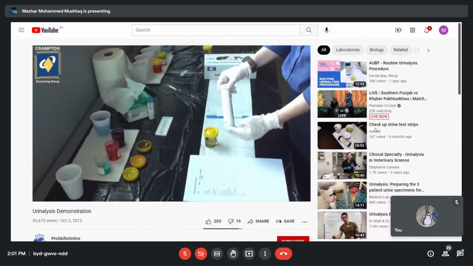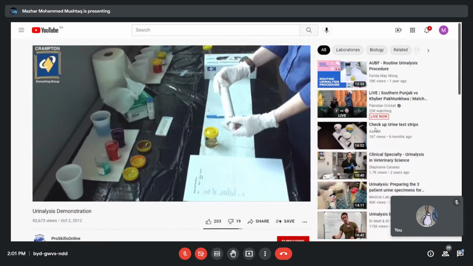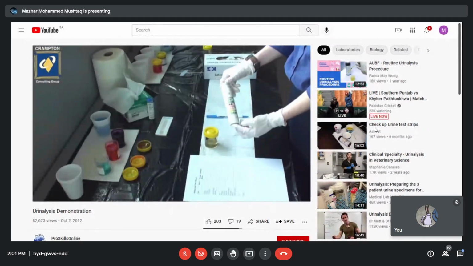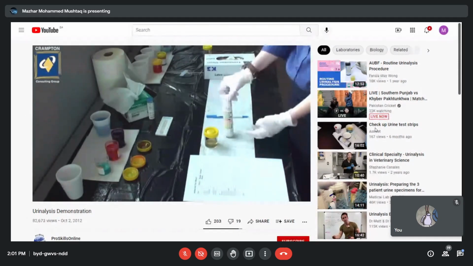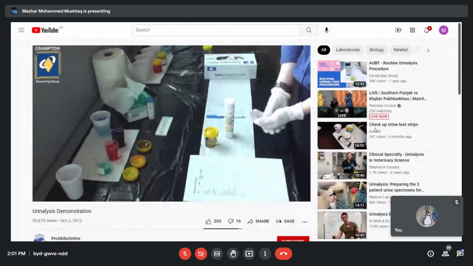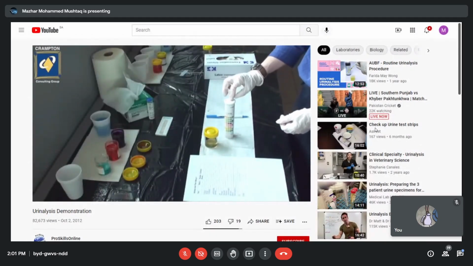Also check on the side as to how many seconds are required per test. Some will vary depending on the type that is purchased. Some will require 30 seconds prior to reading the result. Others will take up to 60 seconds. And some brands have a mixture of 30 and 60 second waiting times. So it's very important to check that.